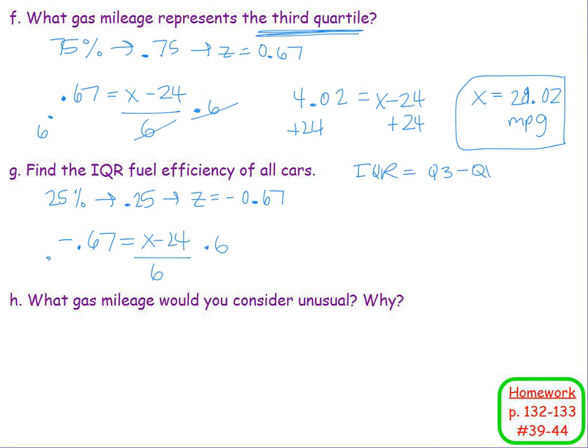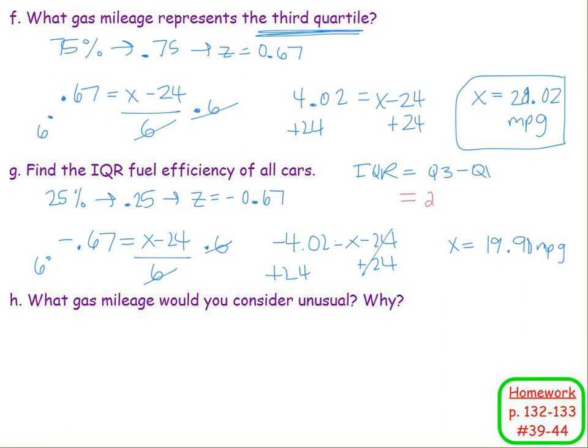Still multiplying. The only difference here is the negative, so I'm just going to have a negative 4.02 equals x minus 24. I'm still adding 24 to both sides. We will get a different answer though. Negative 4.02 plus 24 gives me 19.98 miles per gallon.